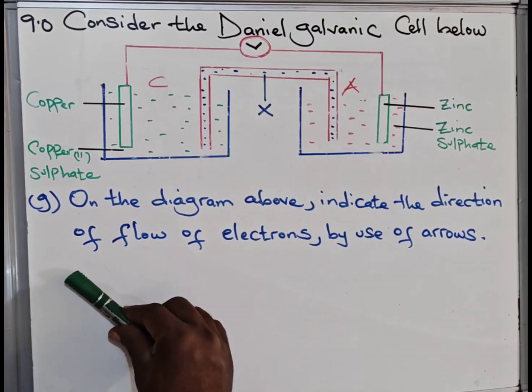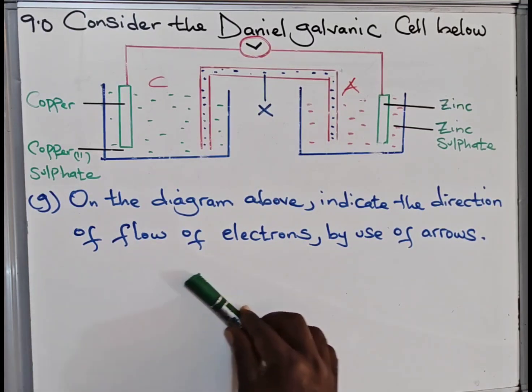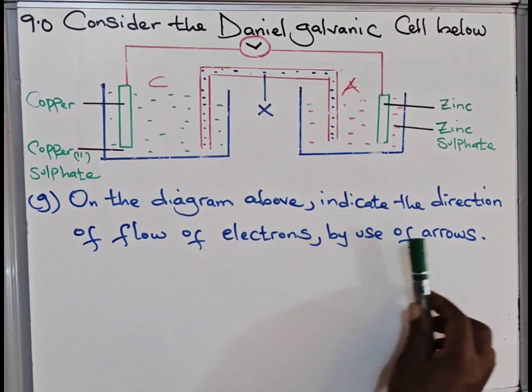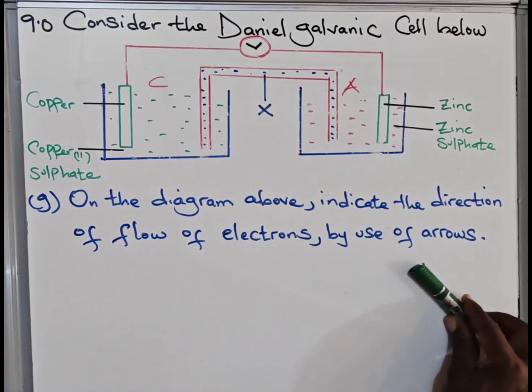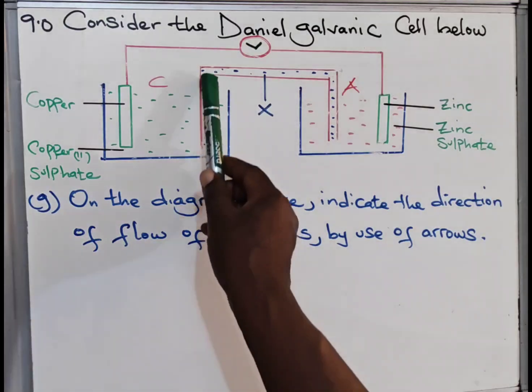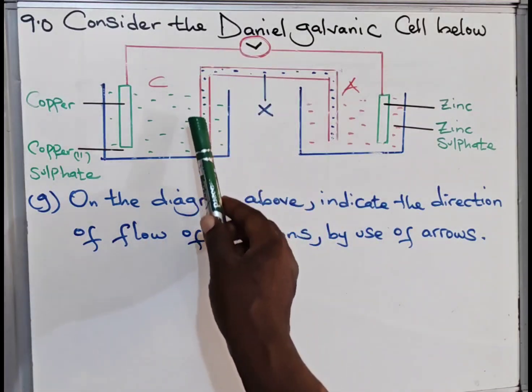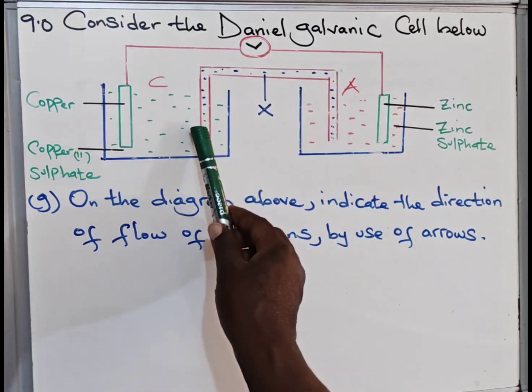Then we come to this question. It says that on the diagram above, indicate the direction of flow of electrons by use of arrows. Okay? Yes, how the electrons flow. This is what you have to know: what we have here as the salt bridge, it's only ions which move, positive and negative ions.